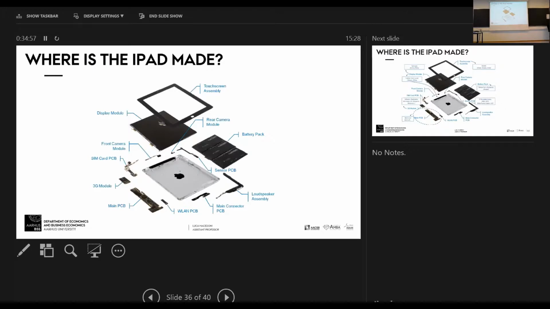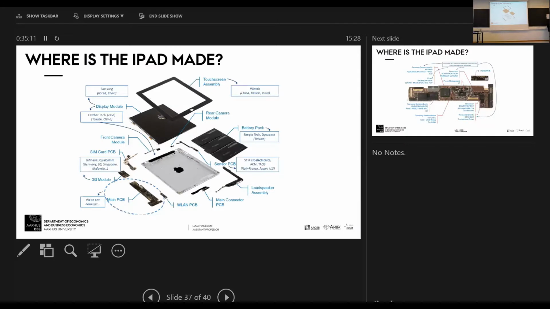Right? These are the big components of the iPad: the touchscreen, display, circuit boards, etc. Where are they made? Well, touchscreen assembly: China, Taiwan, India. Battery: Taiwan. The sensor printed circuit board: Italy, France, Japan, and the US.